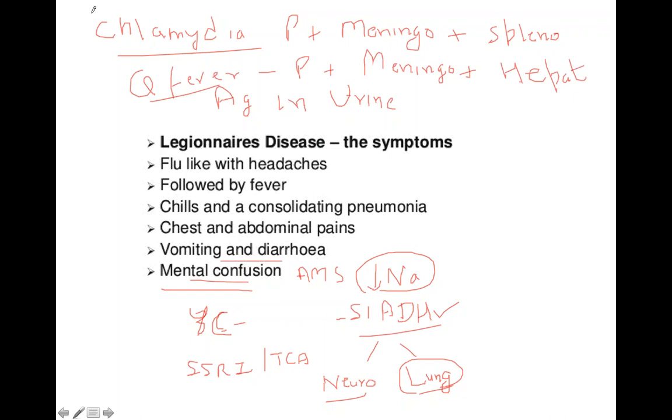Clear? Diagnosis again is serological test. So in all these cases we will go for serological test. In Legionella pneumonia, Legionella antigen in the urine. Okay, clear? So these are the typical and atypical pneumonias. Any questions?